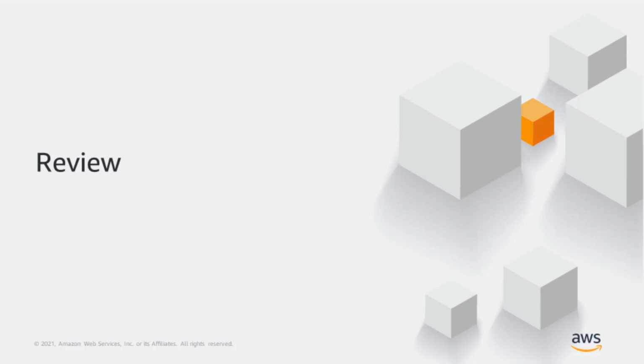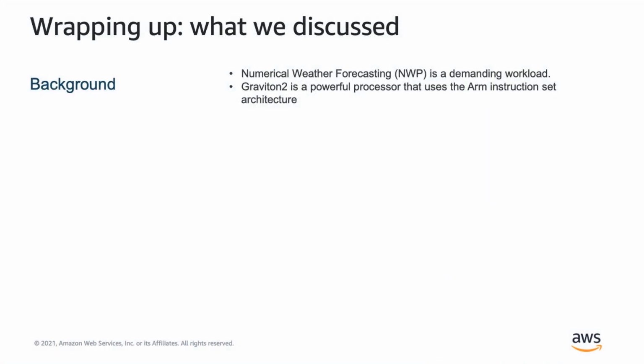All right. So let's go through a little bit of a review because we've covered a lot today. First, we went through the background of numerical weather forecasting, and it's really a demanding workload. It's not something that's easy. And Graviton2 is a powerful processor, and it's different from maybe what we've used before because it uses the ARM instruction set.